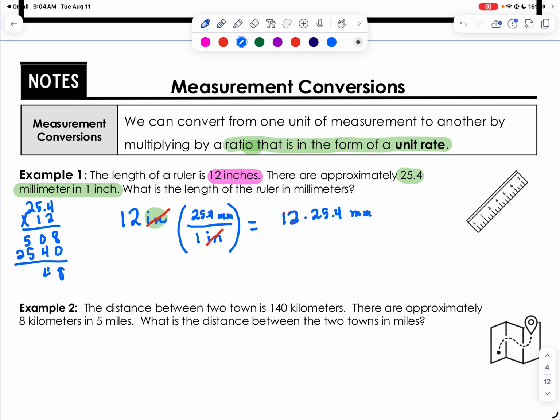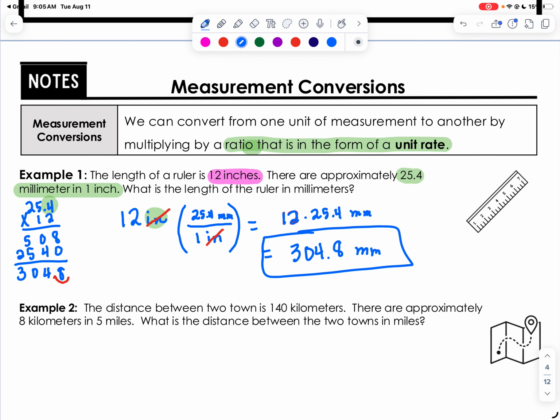Add that all up. And then, most importantly, you need to remember there was one number after the decimal here, which means I must move my decimal in one place. So that means there are 304.8 millimeters in 12 inches.